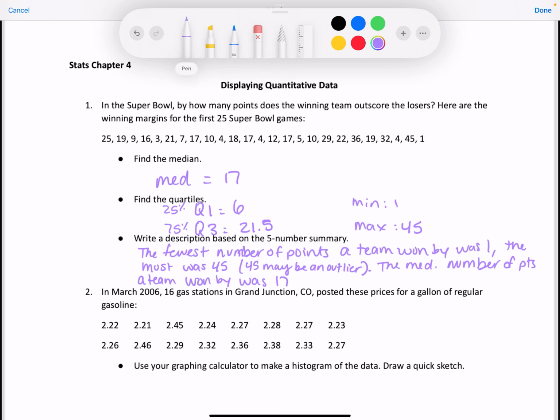And then what I usually say for that IQR area, which is Q3 minus Q1, is I usually say the middle 50% of teams won by 6 to 21.5 points.